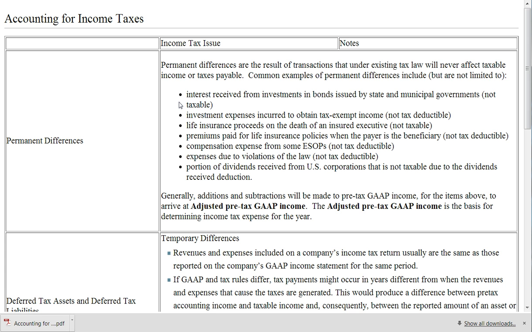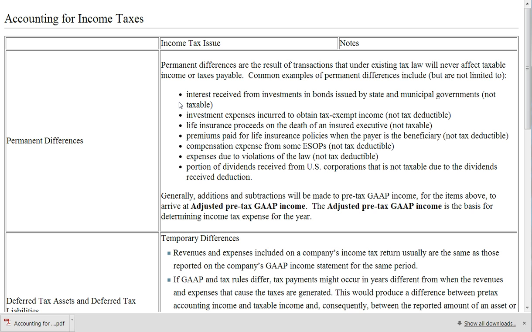Interest income from municipal bonds is income and is included in our GAAP financial statements, but by law, municipal bond interest income is not taxable at the federal level. The federal government has determined that they cannot tax the interest income generated by state and municipal governments.